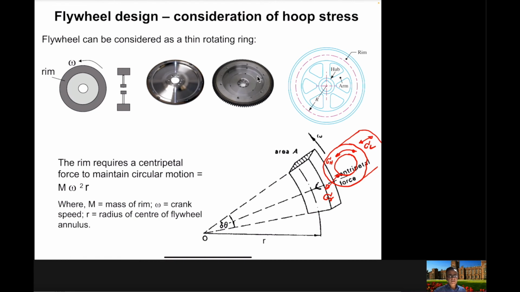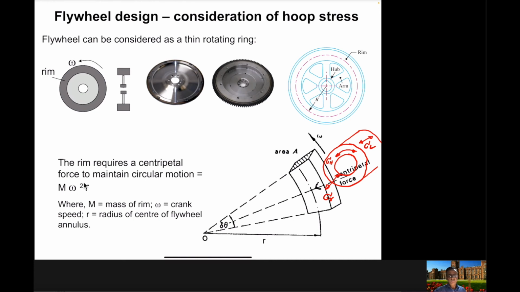The mass between the rim and the center of the flywheel we can ignore in this specific case because it will be small.